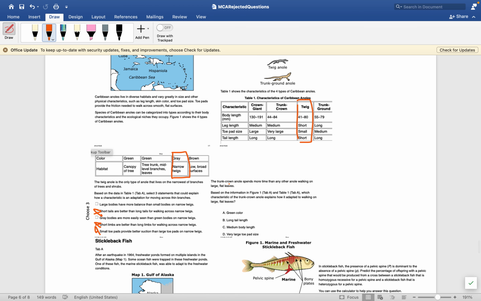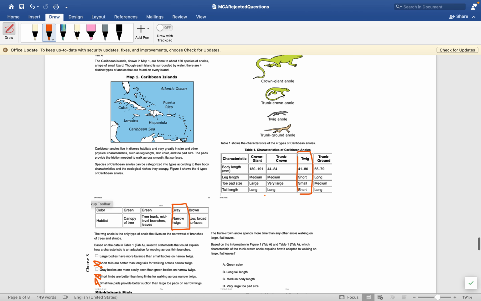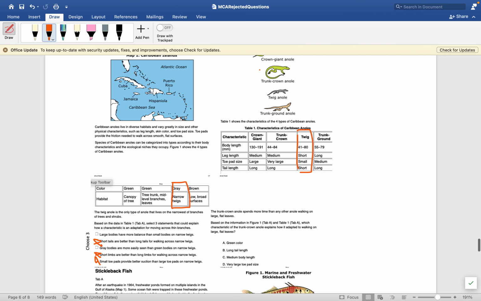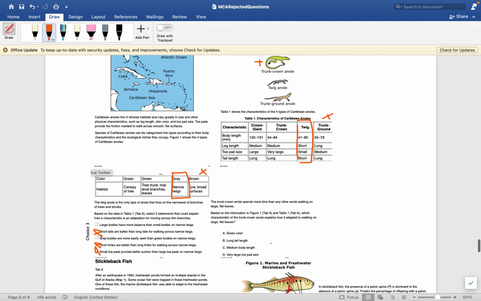Okay, the trunk crown anole spends more time than any other anole walking on large, flat leaves. Based on information in Figure 1, okay, so we're going to focus on the trunk, this guy. In Table 1, so the next column over, which characteristic of the trunk crown anole explains how it adapted to walking on large, flat leaves?